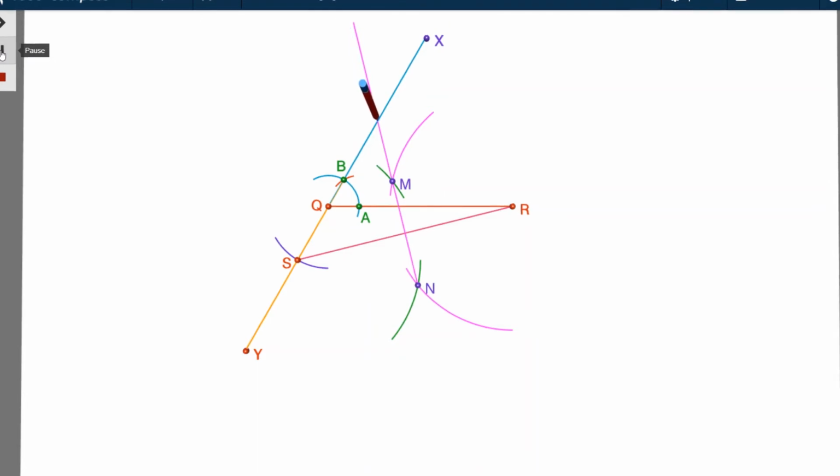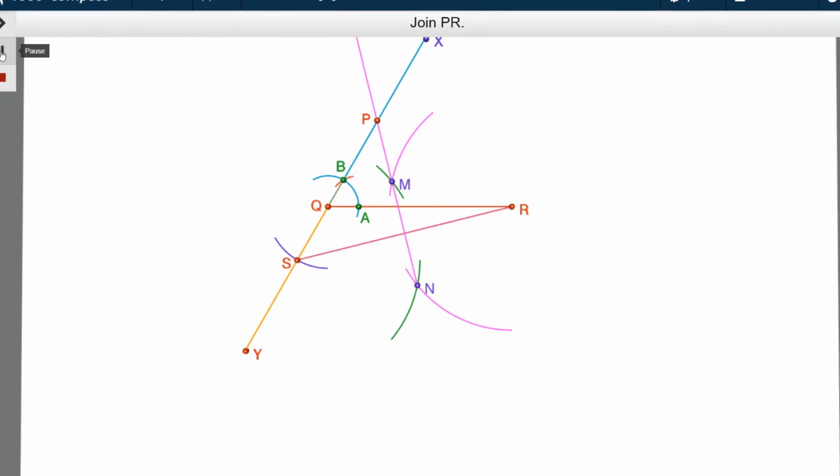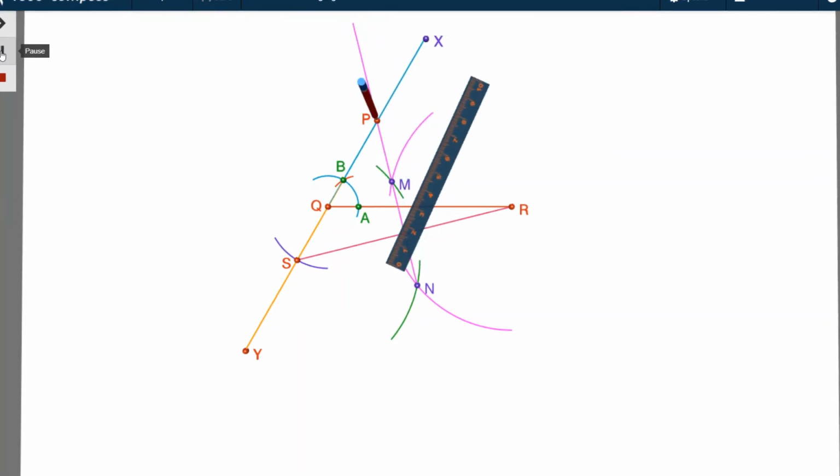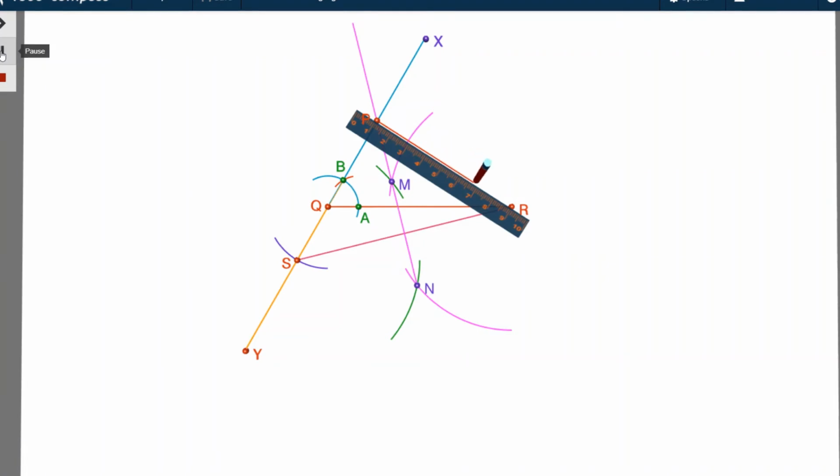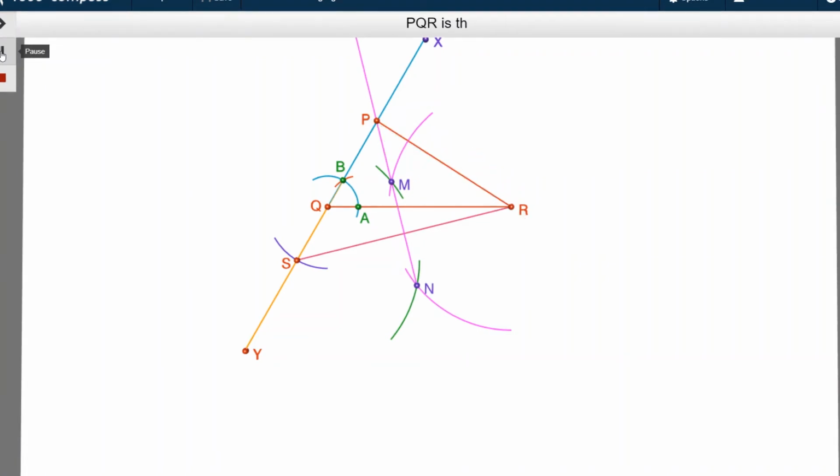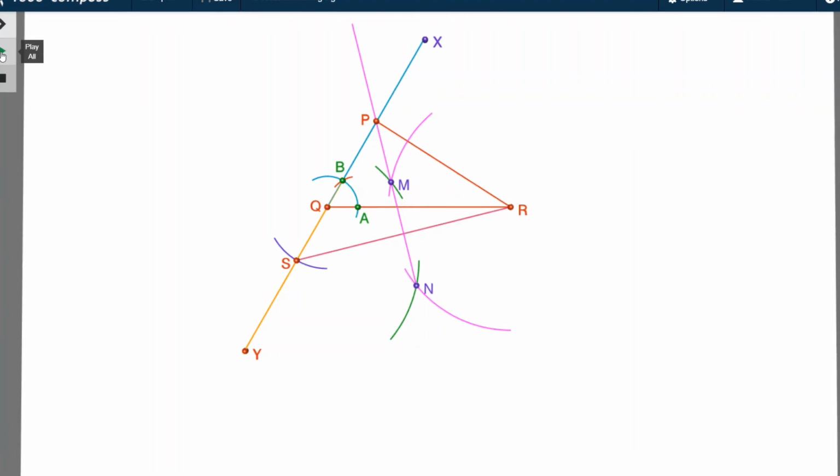That point is P, the third vertex we have got. Now join PR. So we have got triangle PQR, in which QR is 6 cm, angle Q is 60 degrees and PR minus PQ is 2 cm. Clearly we see PR is greater than PQ.